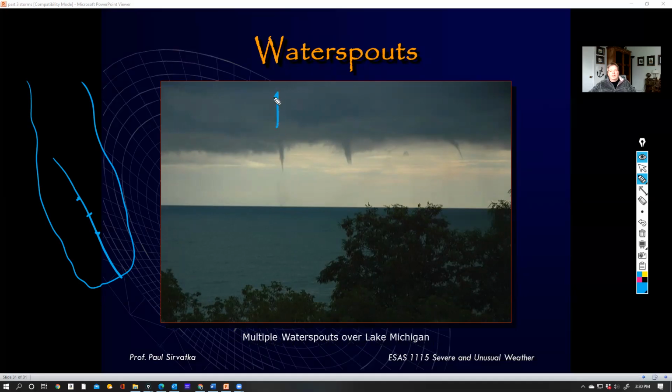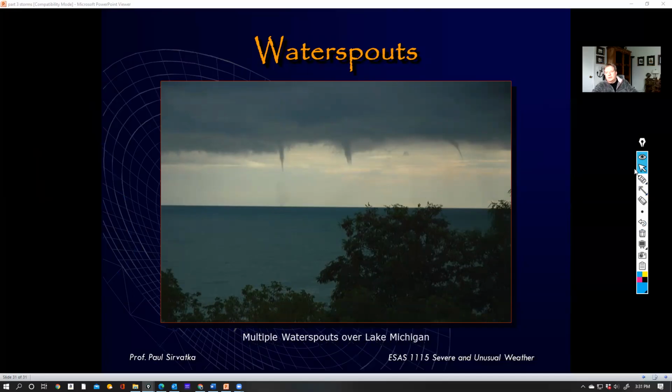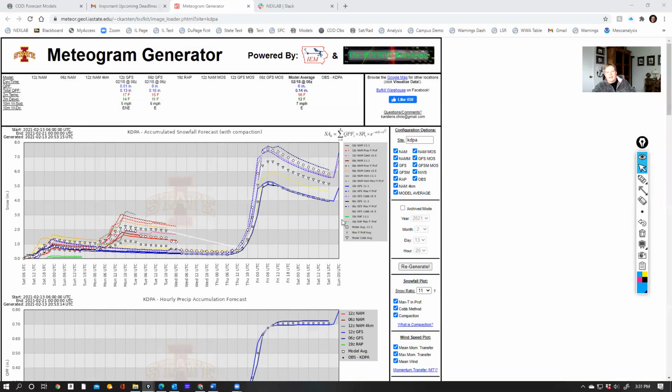As we get air that accelerates upward, it's unstable, and we tighten the rotation due to the conservation of angular momentum, and we get spouts. It's over water, so it's a waterspout. I think they're cool. I don't know if I've ever seen a waterspout, so I'm kind of bummed by that.